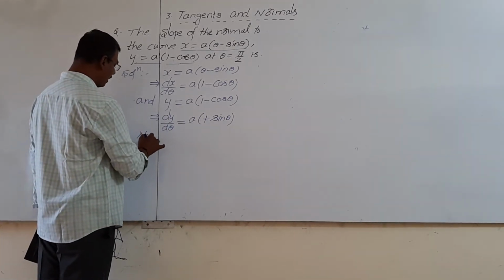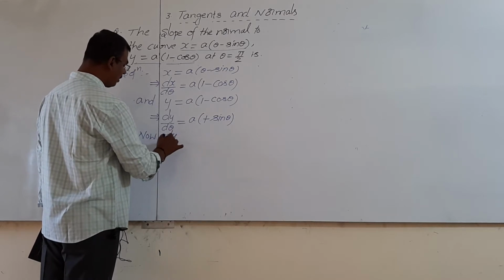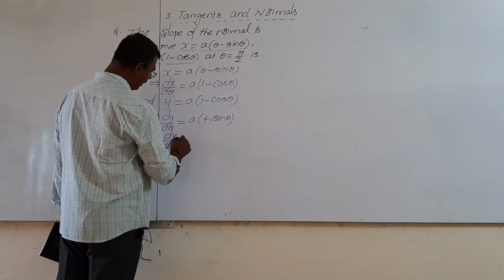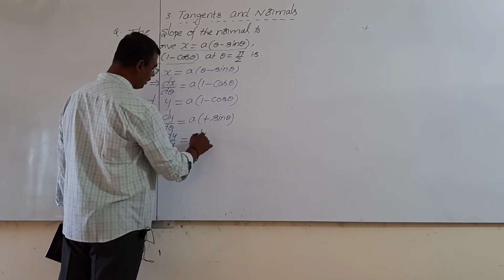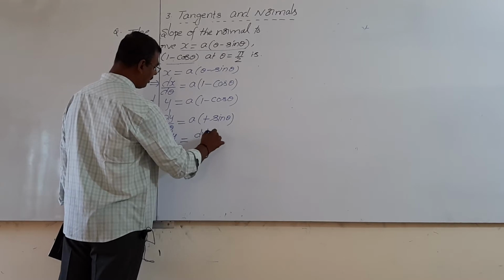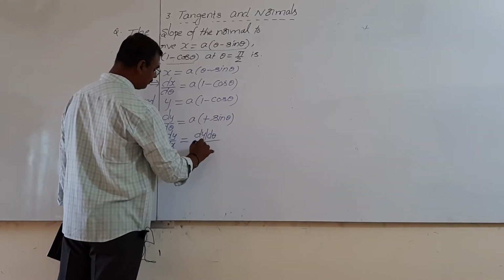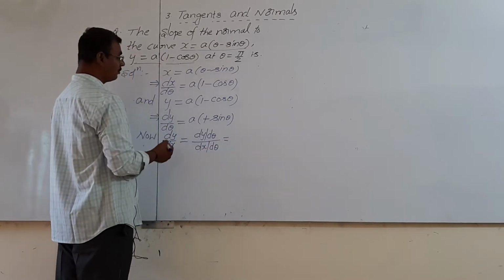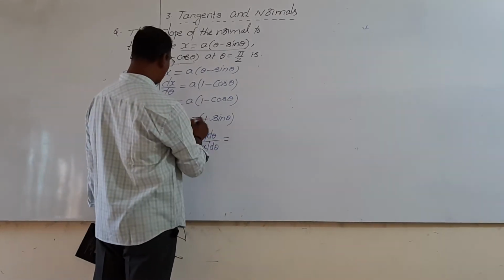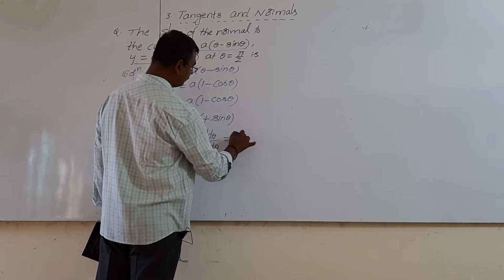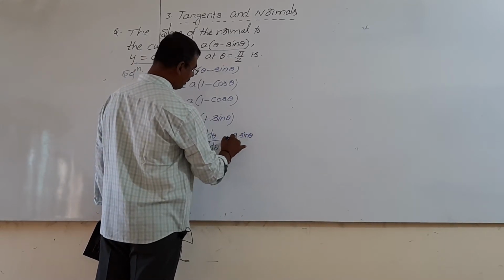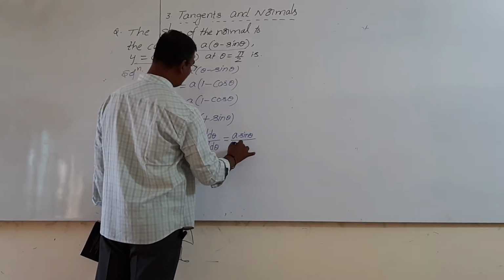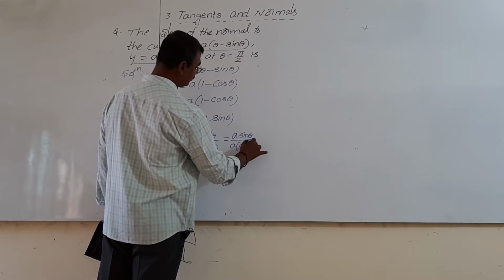Also y is equal to a(1 minus cos theta). Apply the differentiation with respect to theta: dy by d theta is equal to a times the bracket: derivative of 1 is 0, minus derivative of cos theta, which is minus sin theta; already minus is there, so it becomes plus. So we got dx by d theta and dy by d theta. Now we have to calculate dy by dx, which is dy by d theta upon dx by d theta. We got a sin theta divided by a(1 minus cos theta).